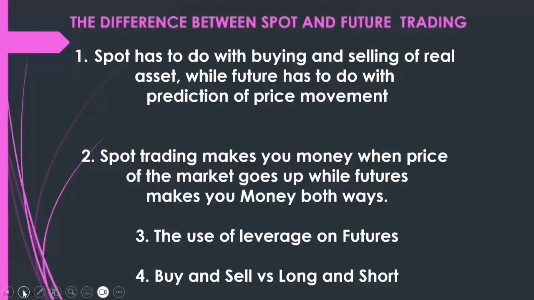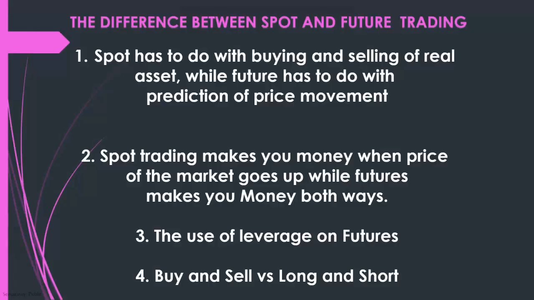So the second difference is that spot trading makes you money when the price of the market goes up, while futures makes you money in both ways. In spot trading, once you buy a cryptocurrency, which is an asset, and keep it, you can only make money if the price of that asset goes up.